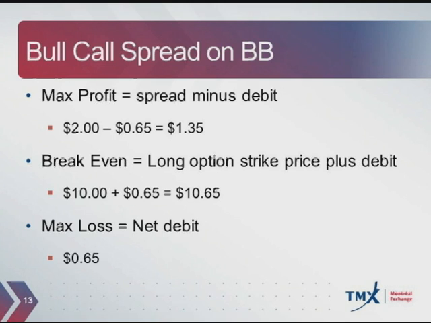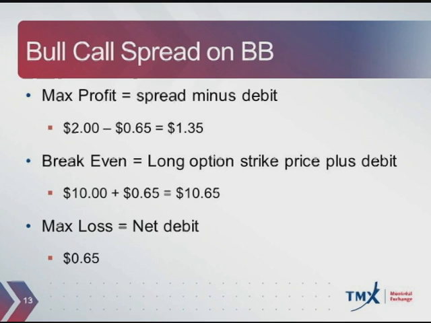If we're able to collect 65 cents, and the spread's $2, our maximum profit potential here is $1.35. Even though we've capped our upside potential on the stock, for a 65 cent risk we ultimately have the upside potential of $1.35.